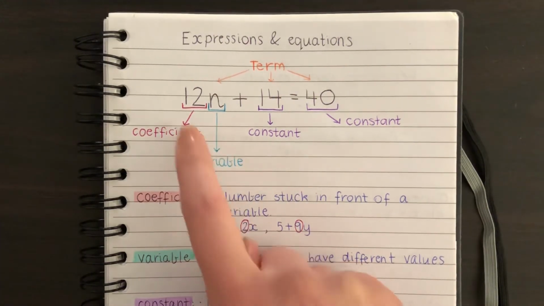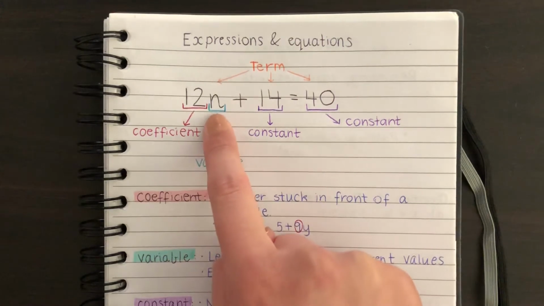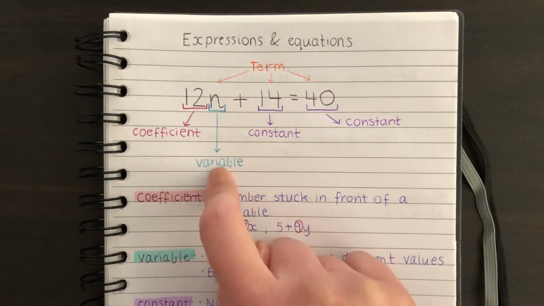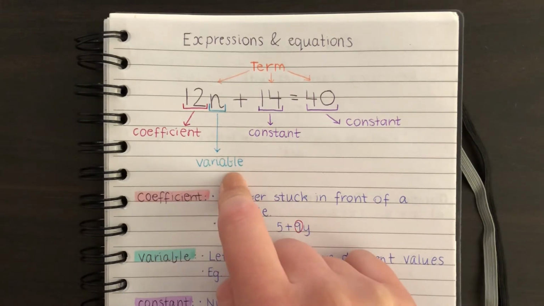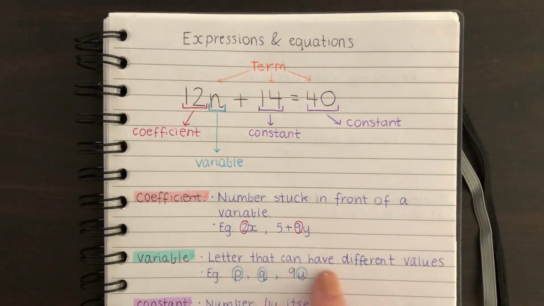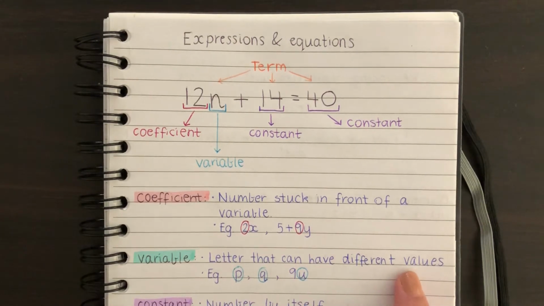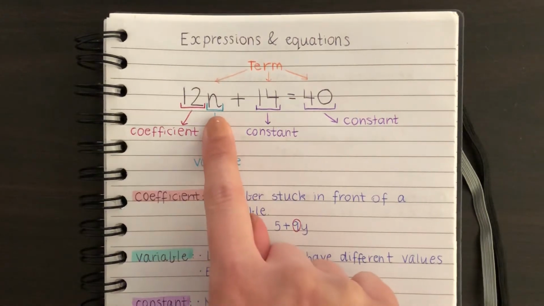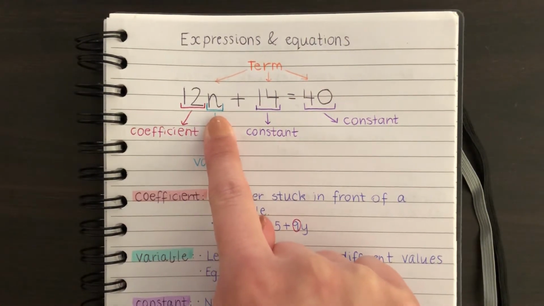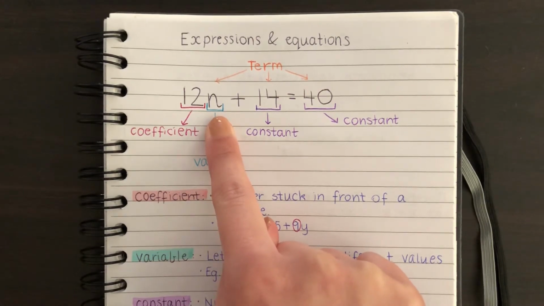The variable in this equation would be this n, okay? The n would be an example of a variable. And a variable is a letter that can have different values. Now, what I mean by that is this letter n could equal 0, n could equal 5, n could equal 102, n can equal -3, n can equal 3 squared, okay?